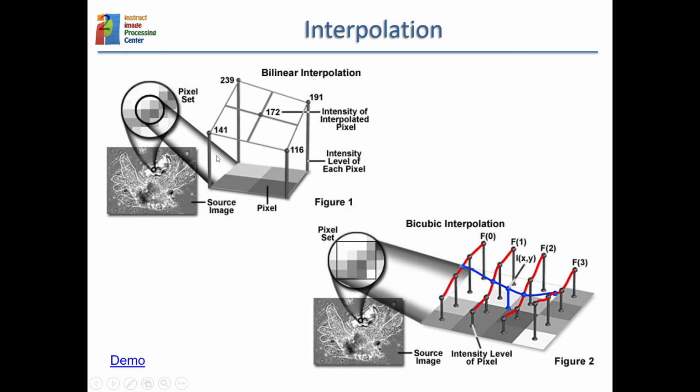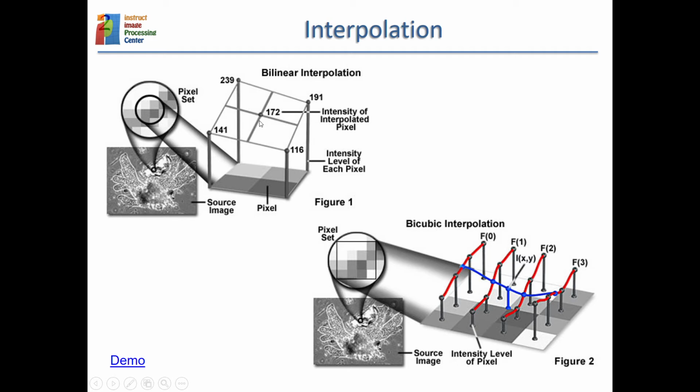So let's say that I have 4 values in the corners, so those are the measured values, this 116, 191, 239, and so on, and I want to interpolate the value here in the middle. So what I can do is take those 4 values, fit a plane, and then evaluate the plane at the location I'm interested in.